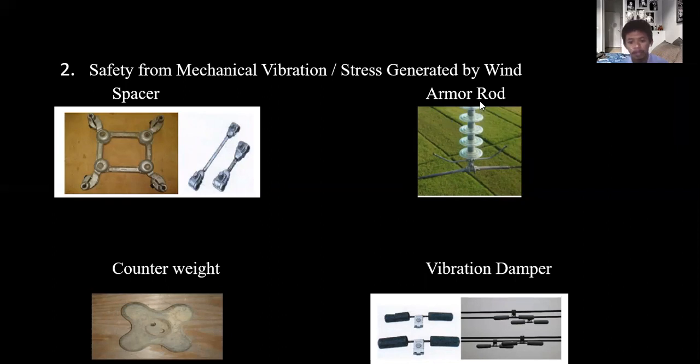This component serves to protect the aluminum conductor from mechanical stress at the junction point with the insulator on the tower suspension. Number three is counterweight. This component serves to keep the conductor in a stable position so as not to come in contact with the tower when blown or shocked. Number four, vibration damper. This component serves as a vibration damper at the point of termination between the conductor and the insulator.